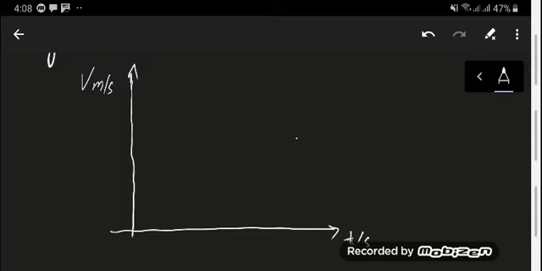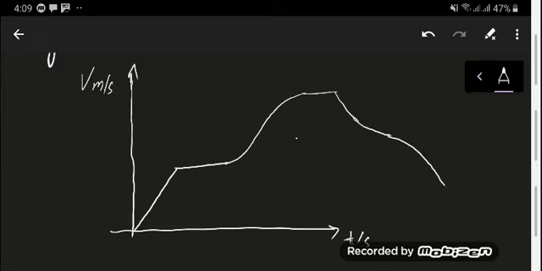For time, I've written s, and for the speed, I've written meter per second. So let's say the object is moving like this. Then it is moving like this. After that, it changed its shape like this, and then like this, and then like this.